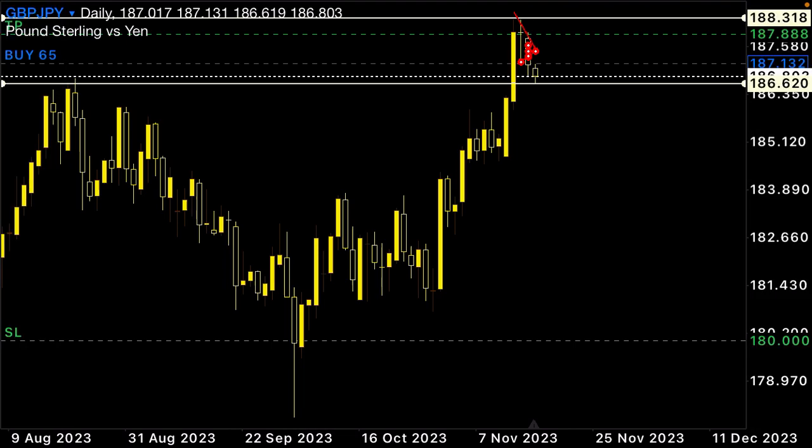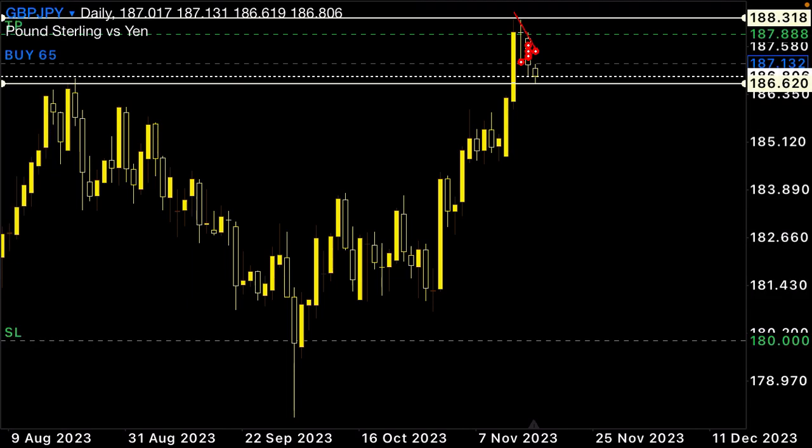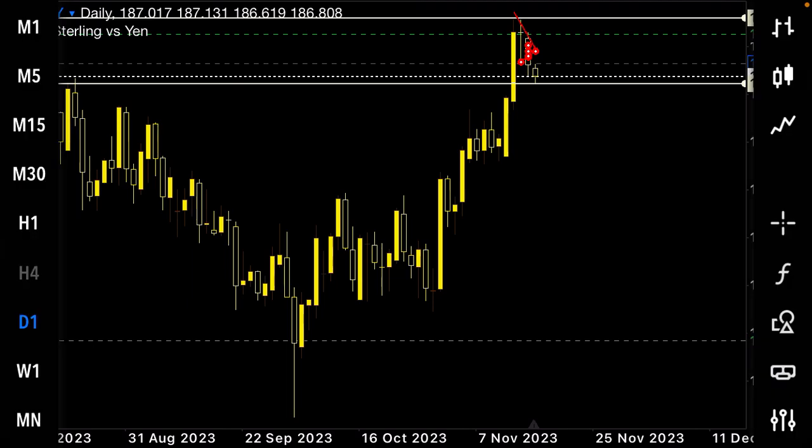So supposedly it's going to, on the 4 hour time frame, so over here on the left it says 4H on the side. So I'm going to tap 4H.